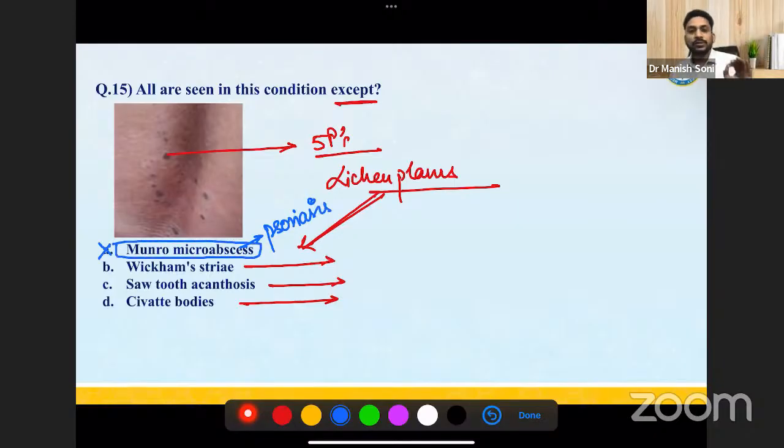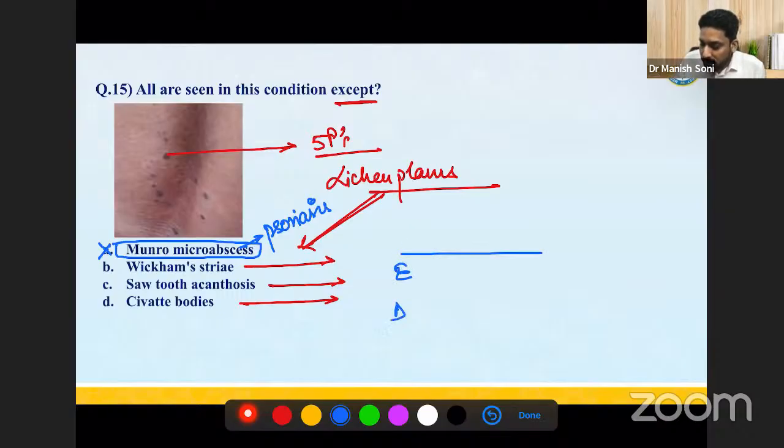So remember Munro's microabscess and Kogoj's pustules. Sai Priya is asking Kogoj's pustules. Yes. So Munro's microabscess and Kogoj's pustules, both these are seen in psoriasis. But Wickham striae is the reticulate pattern which is seen in lichen planus. Saw-toothed acanthosis, that is saw-tooth-like rete ridges are seen. So if this is epidermis, this is dermis.